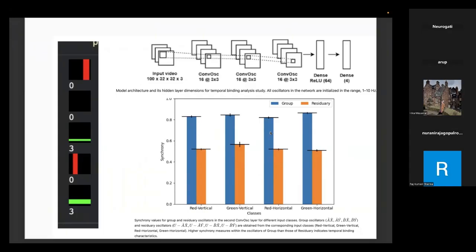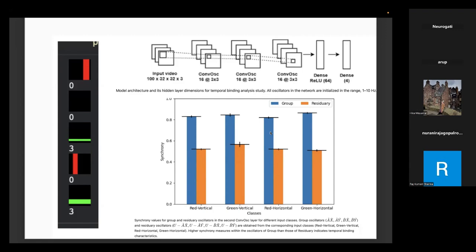So what is temporal binding? Temporal binding phenomena is a way in which both spatial and temporal features are compressed and processed simultaneously. If the subject is looking at a green vertical, a red horizontal, or a red vertical bar, there will be neurons that preferentially encode one particular feature.